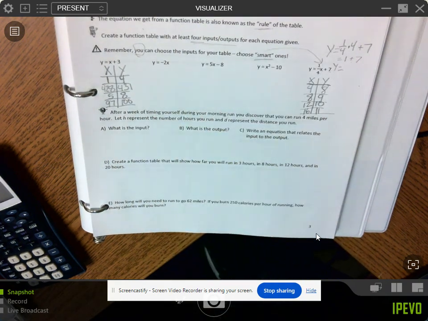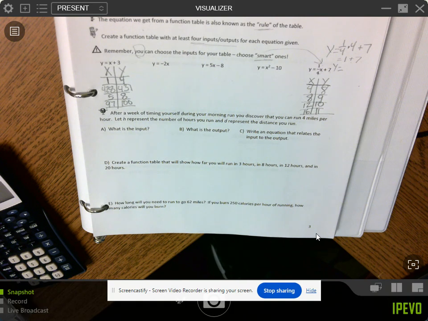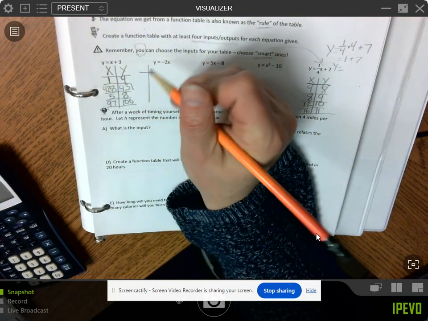Now, is this function table correct? Yeah. Each of those inputs, that's what I get as an output. Can I see a pattern in there? Can I see a pattern looking at it like this? No. There's no pattern here.